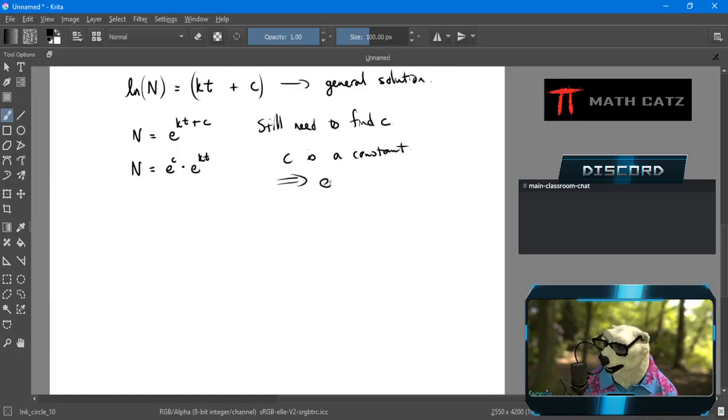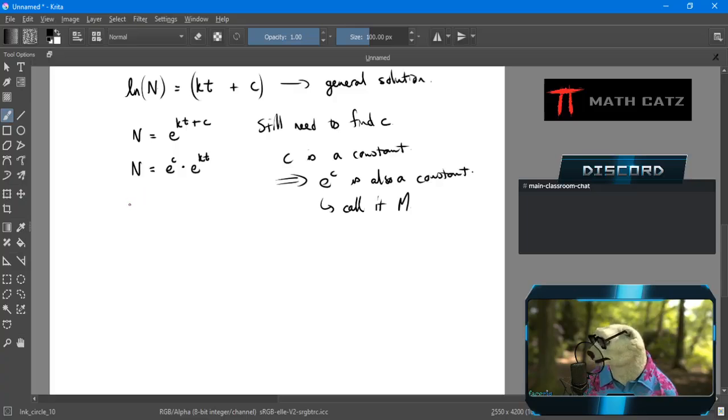Now c is a constant, that would mean that e to the c is also a constant. So whether I try and find a value for c or e to the c, it doesn't really matter as long as I find one of them. So just so it's a little bit nicer, let's call it M or something.